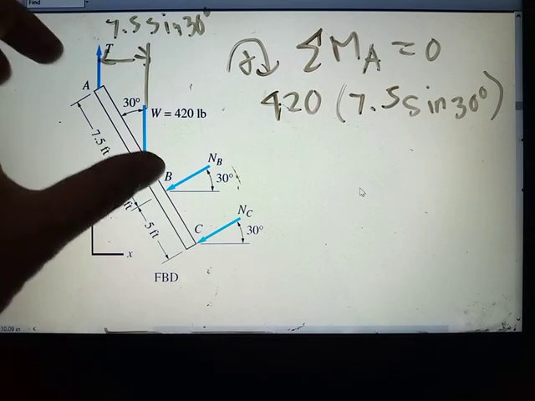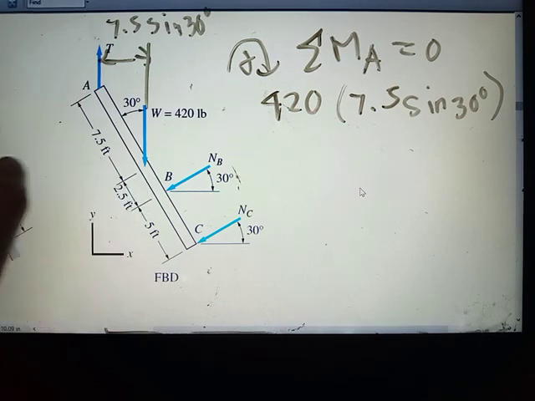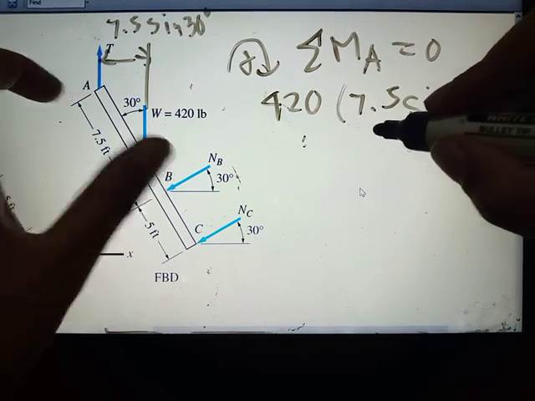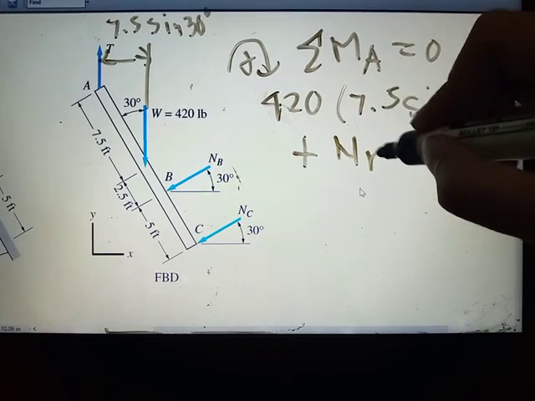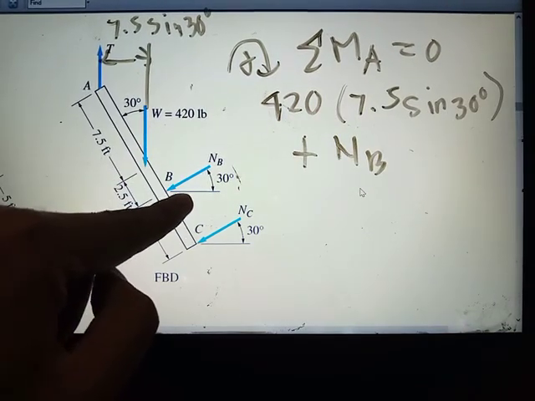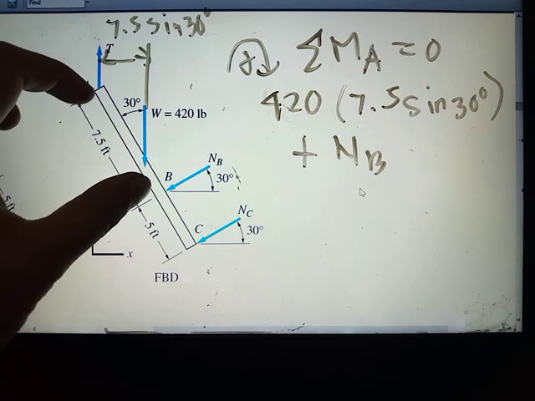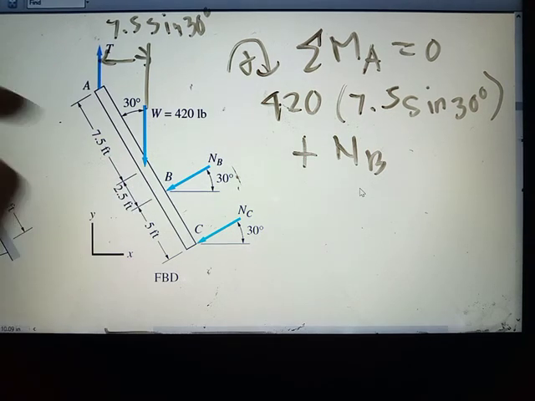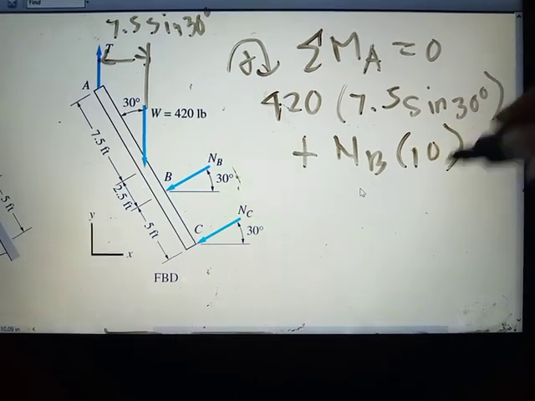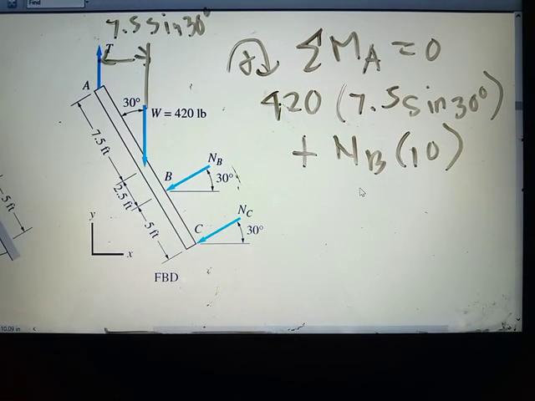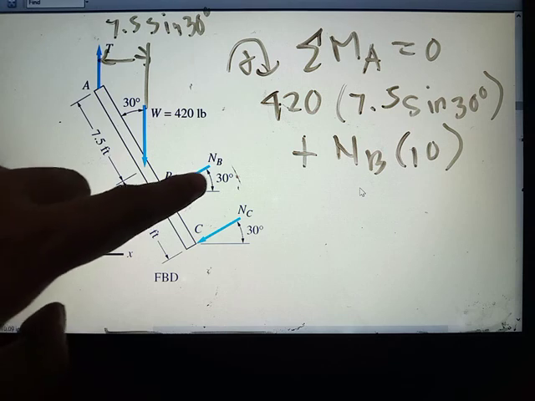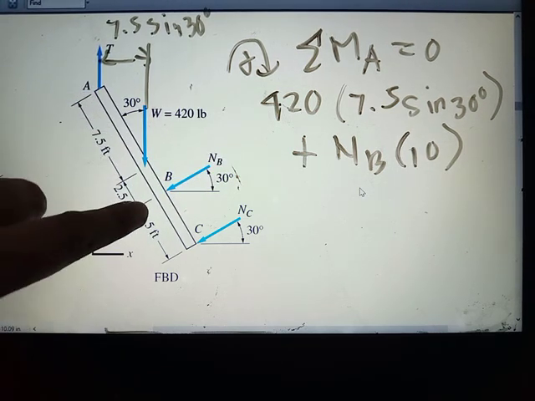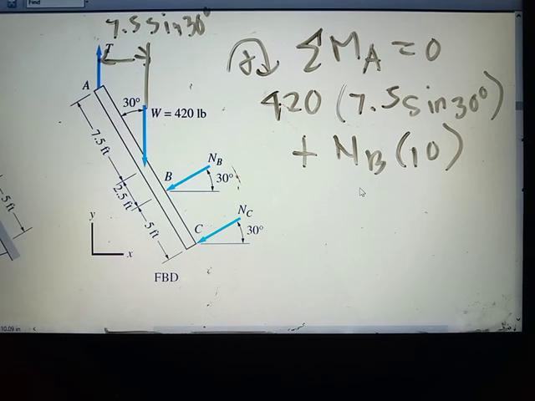We multiply NB. The NB is clockwise, and it has a perfectly horizontal distance, so you multiply NB immediately by 10. You don't need to break it down into components, because although NB is slanted, its perpendicular distance from A is given, which is 10. So, NB plus 10.